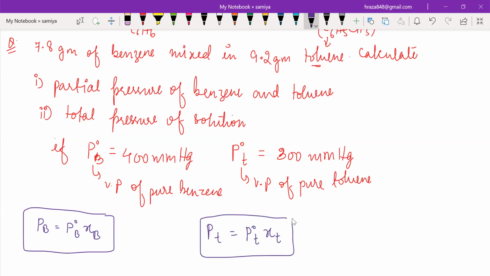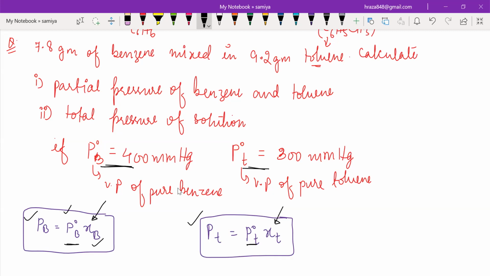Now you can see that P naught B is given, pure vapor pressure of benzene, and pure vapor pressure of toluene is also given. What you need to calculate is the mole fraction of benzene and mole fraction of toluene, and put the value here. Then just calculate PB and PT.